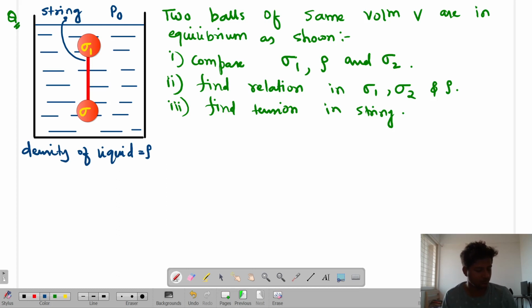What should be the condition of sigma 1, sigma 2 such that they can be arranged in this fashion?